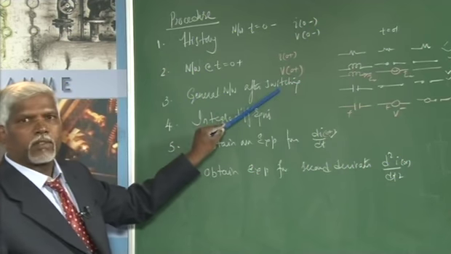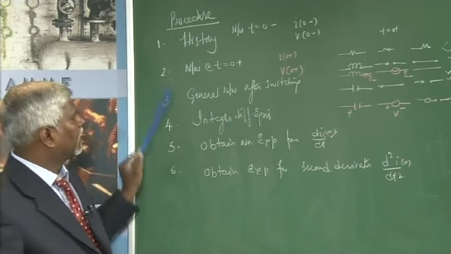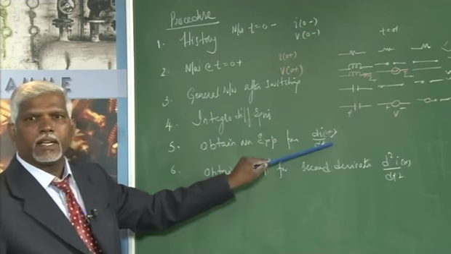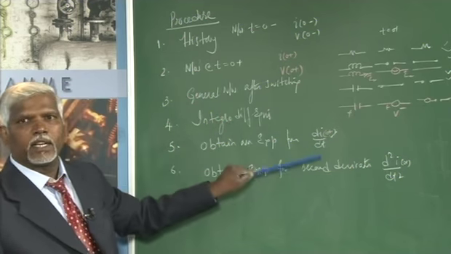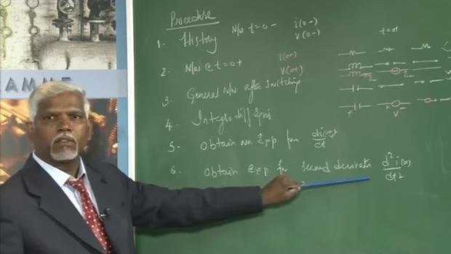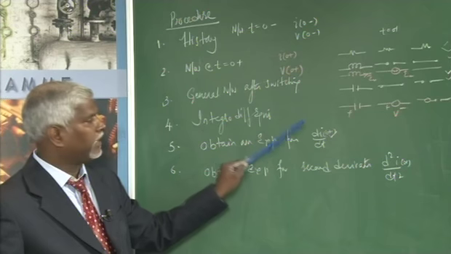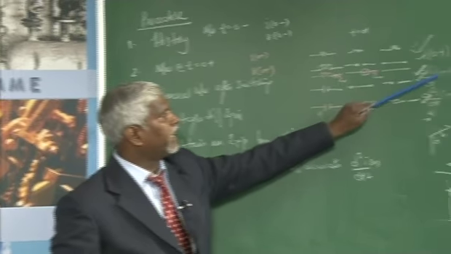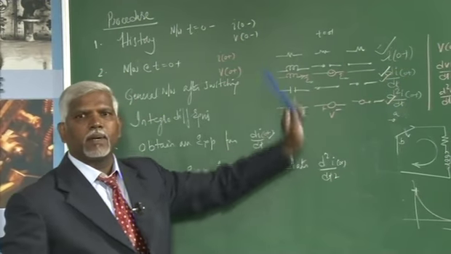Write the general network after switching. Write integral differential equations. Obtain an expression for di by dt. Using the initial conditions, evaluate di by dt. Then obtain an expression for the second derivative by differentiating this, and then find d squared I by dt squared. Thereby, we can evaluate I, di by dt and d squared I by dt squared.